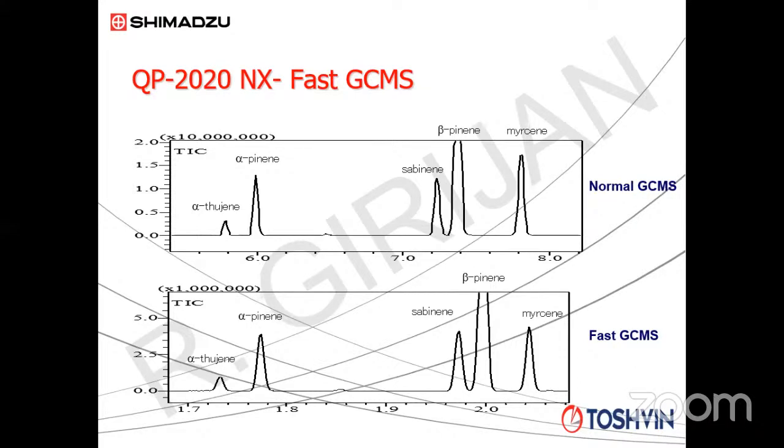The efficiency of the column is exactly equal, and we are able to get the same type of resolution, even though we are trying to reduce the time. So we have succeeded in reducing the time from 50 minutes to 10 minutes, but we are not compromising on the resolution. So this is called a fast mode of analysis, which we can do in our system.